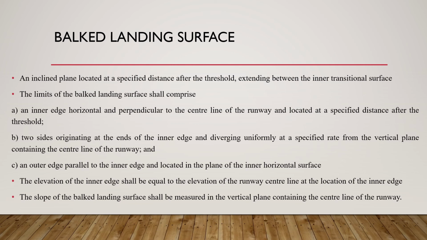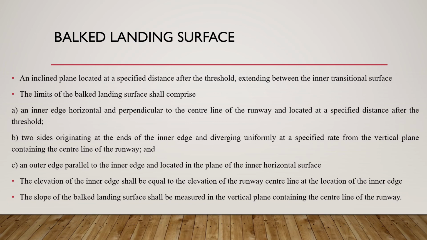It extends at a distance of 1800 meters from the location of the threshold, wherein the inner edge is horizontal and perpendicular to the runway center line, the two sides originate from the inner ends diverging uniformly at a specified rate from the vertical plane, and the outer edge is parallel to the inner edge, located in the plane of the inner horizontal surface.